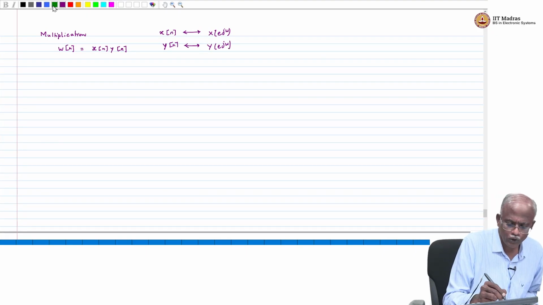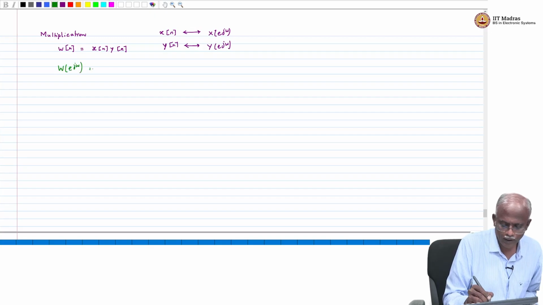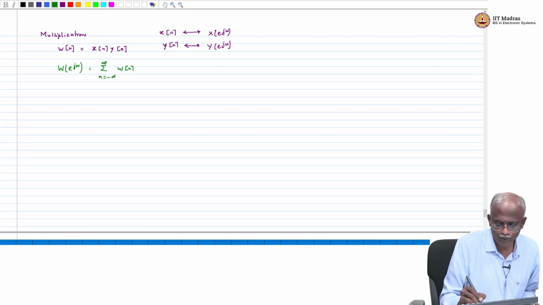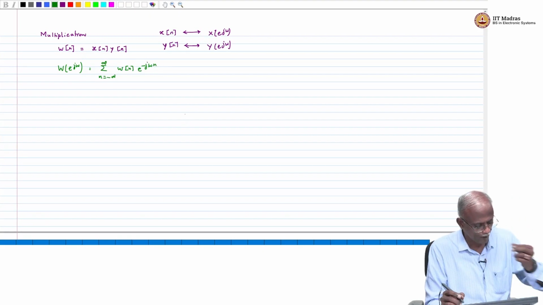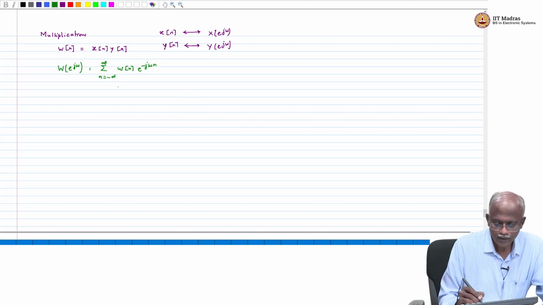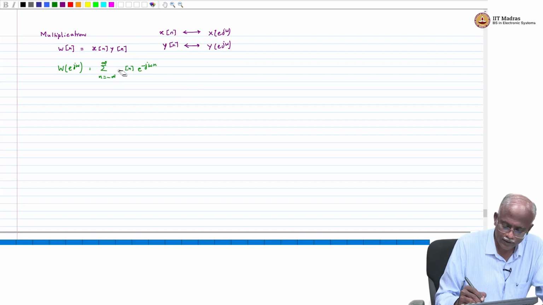Okay, so W e of j omega is equal to summation n equal to minus infinity to infinity w of n e power minus j omega n, correct? Sorry, w of n.